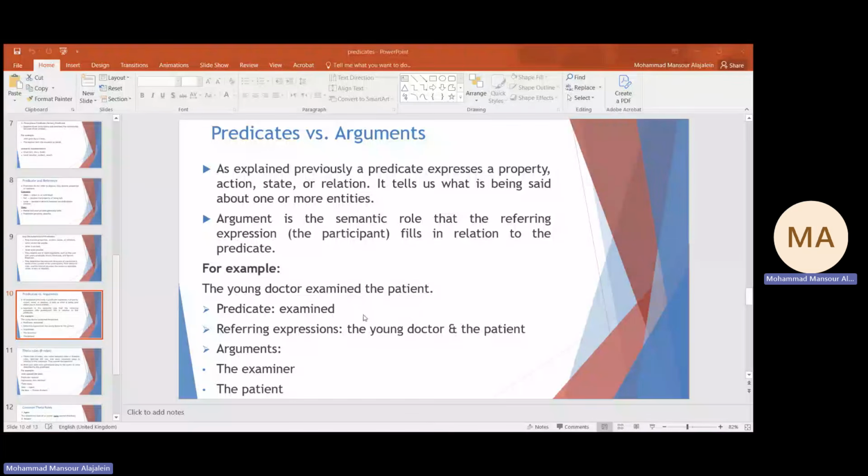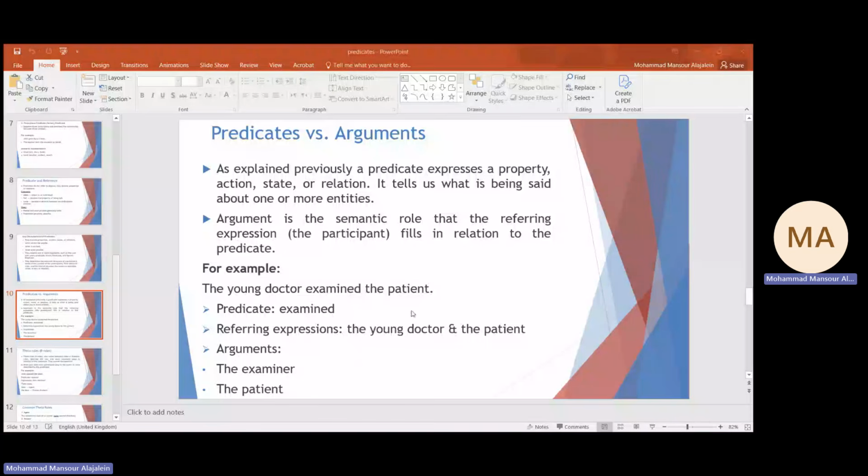So the predicate is examined in this sentence, and we have the referring expression, the young doctor, and also the patient. When we say arguments, we have the examiner, which is the young doctor, and also the patient.